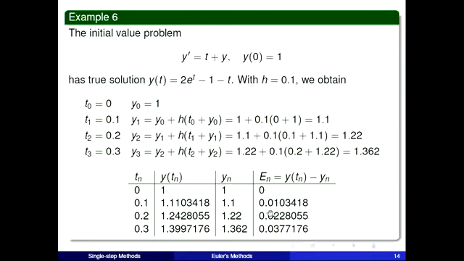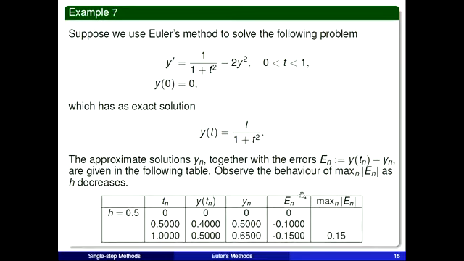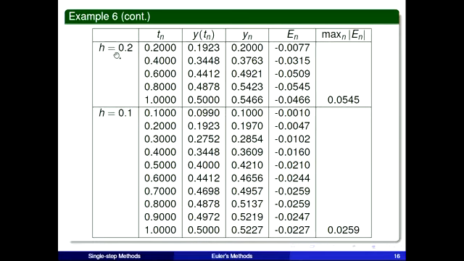You can take the maximal errors over the subintervals. In this case, this one is a different ODE, and when h equals 0.5, you get these errors. If you reduce h to 0.2, you get these errors.